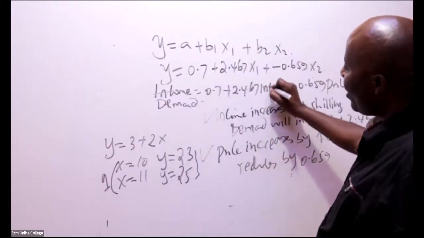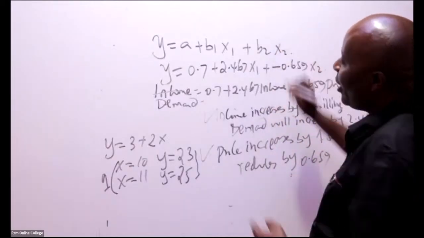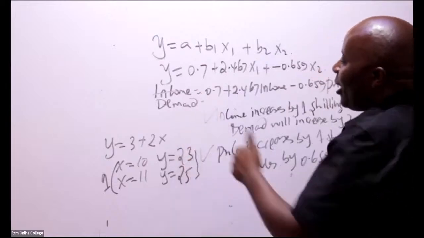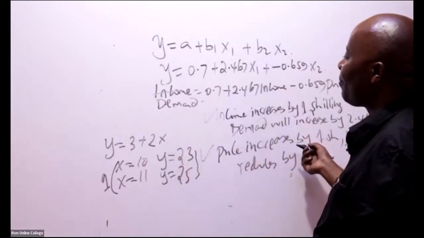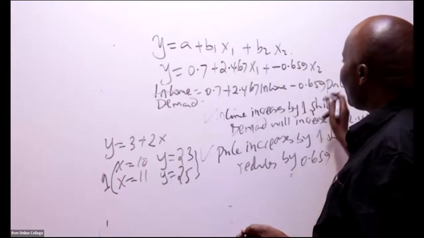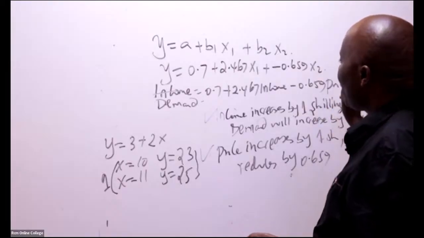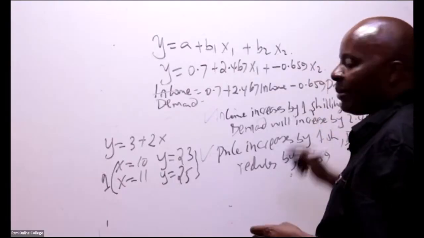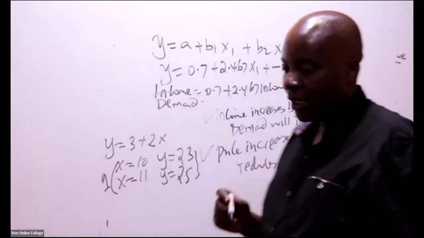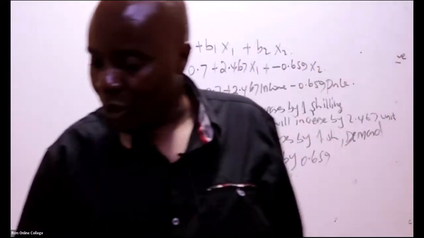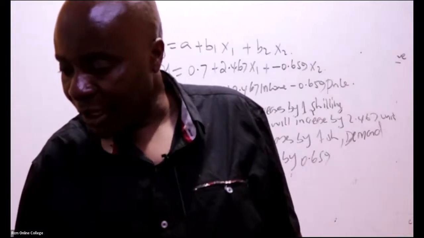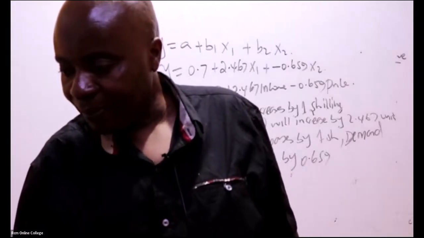When the income increases by just 1 shilling, the demand, or the y there, will have a 2.467 increase. If the price was to go up by just 1 shilling, then the demand will reduce by that. And now I've given also the answer, which is there. Remember, it's all about you knowing how to interpret this generally.